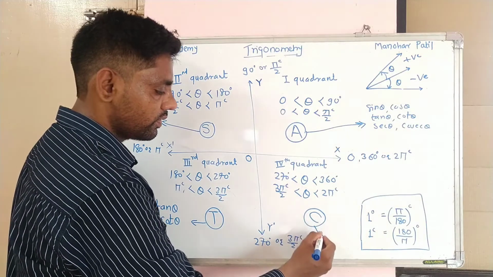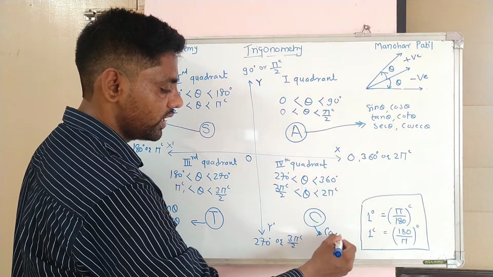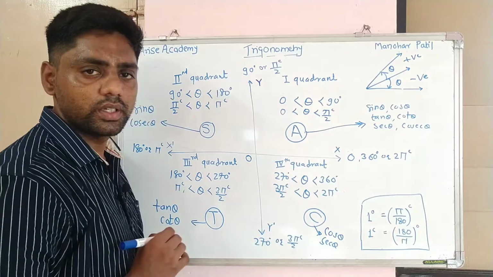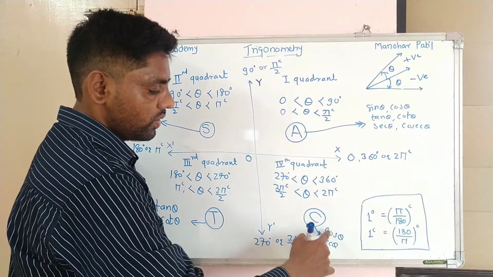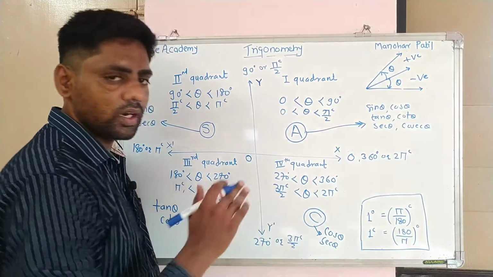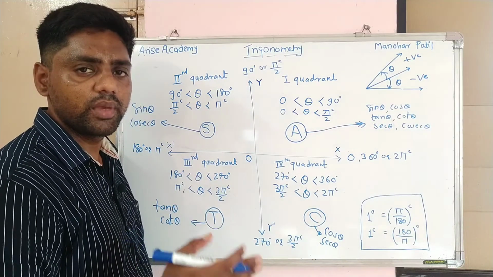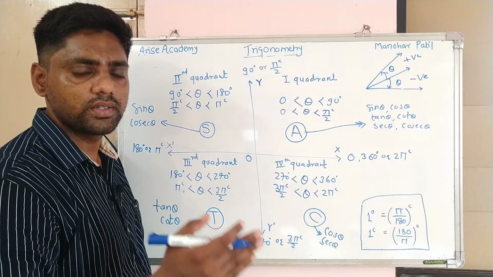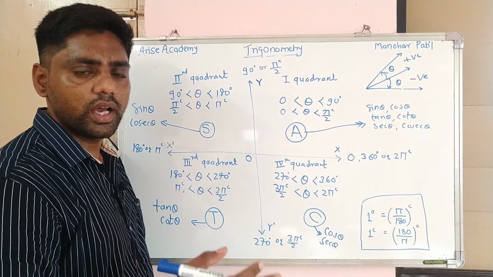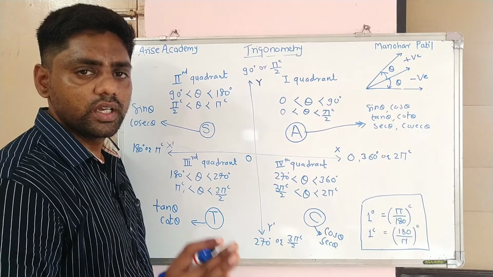So here C means cos theta and sec theta. In the fourth quadrant, cos theta and sec theta are always positive, and the remaining ratios, that are sin theta, tan theta, cot theta and cosec theta, are always negative.